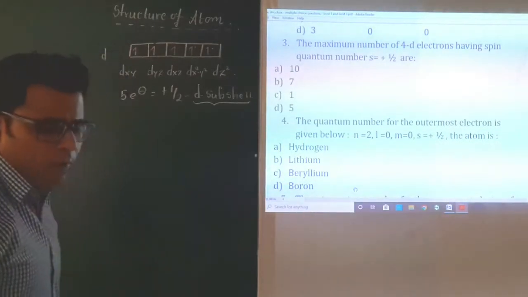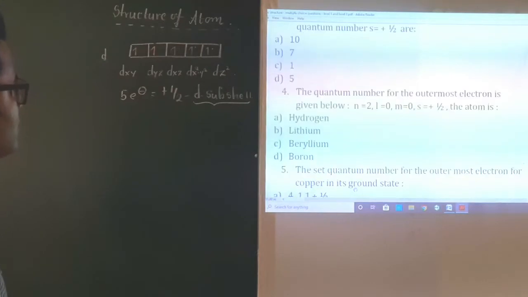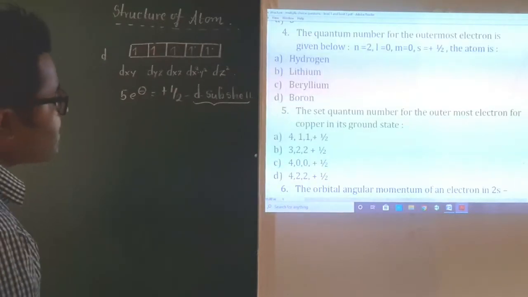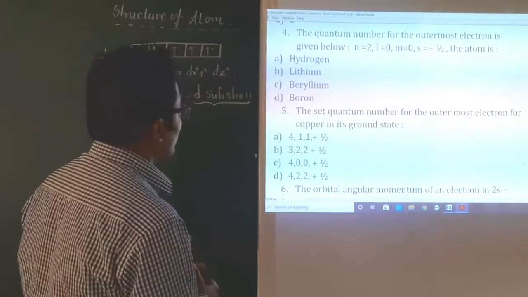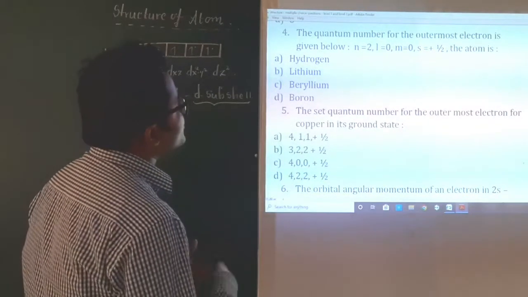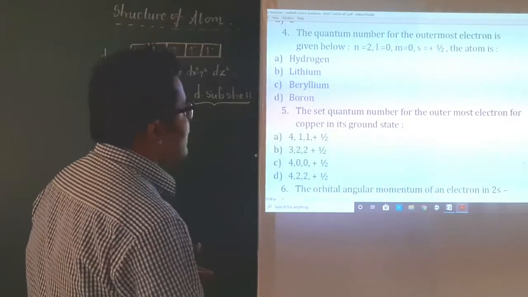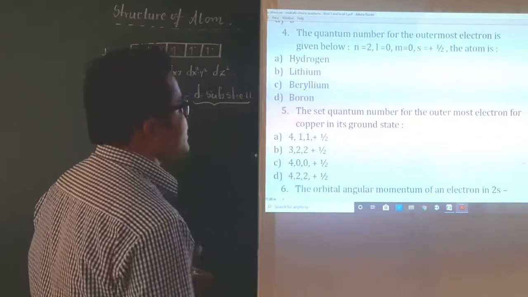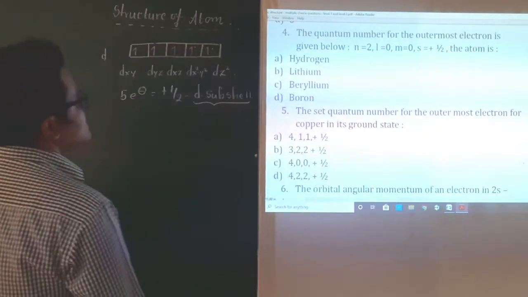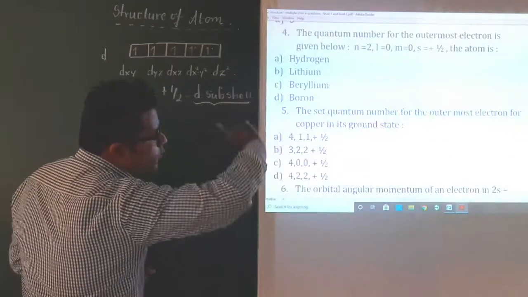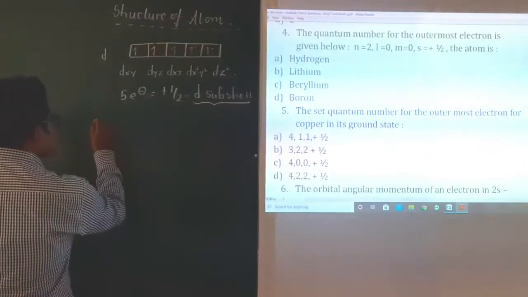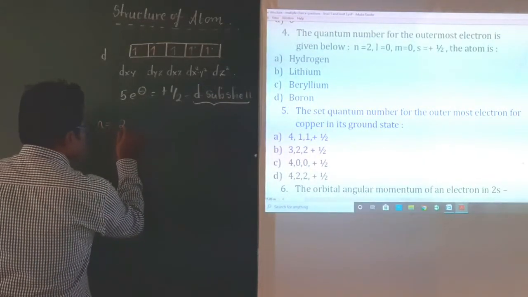Question number 4 says: the quantum numbers for the outermost electron are given as n equal to 2, l equal to 0, m equal to 0, s equal to plus half. So there is an outermost electron in n equal to 2.